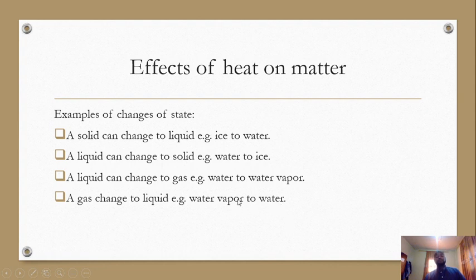Water. So it will change from gas form to liquid form. So these are examples of changes of state, from solid to liquid, from liquid to solid, from gas to liquid, and from liquid to gas.